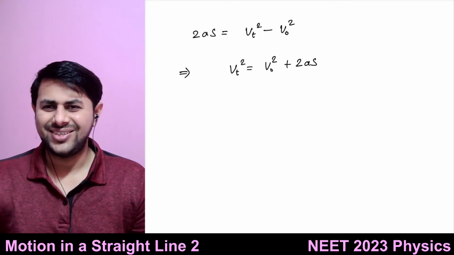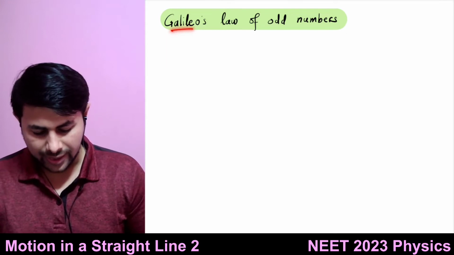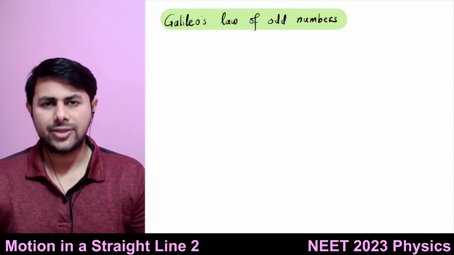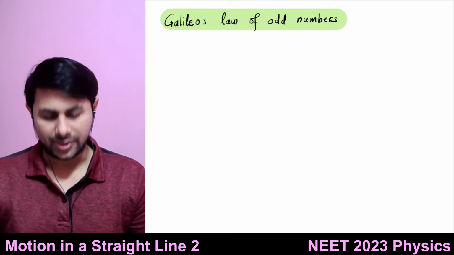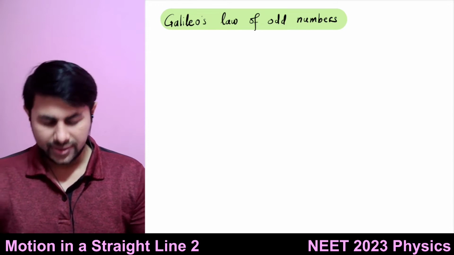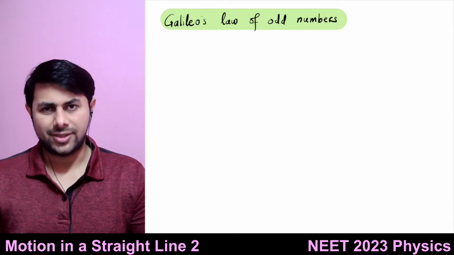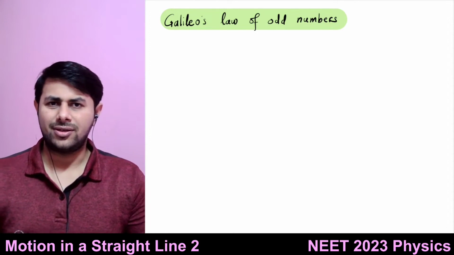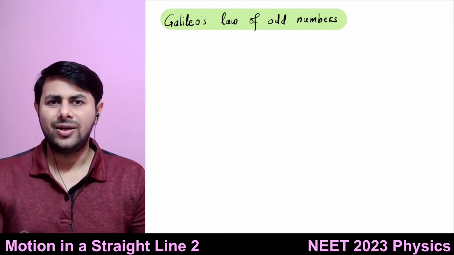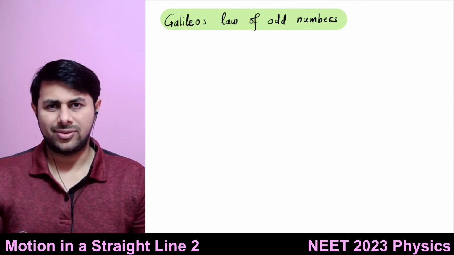Right? Let us see Galileo's law of odd numbers for uniformly accelerated motion. What is that? So let's say there is some body in acceleration. In Galileo's times, those were bodies under free fall. So what is free fall?